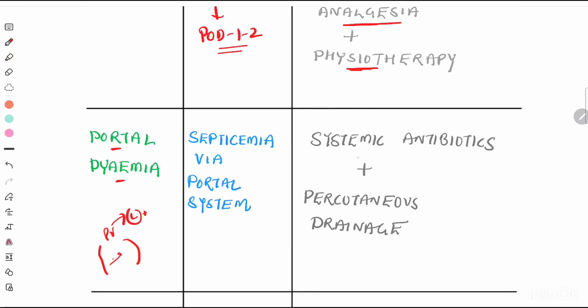In this case we are going to give systemic antibiotics, and we are going to drain any pus or local fluid accumulated in the abdomen via percutaneous drainage to inhibit this sepsis.